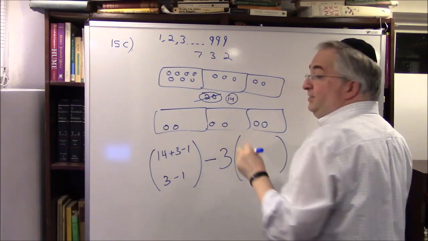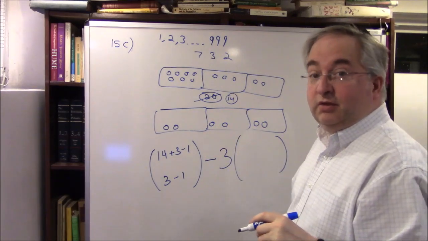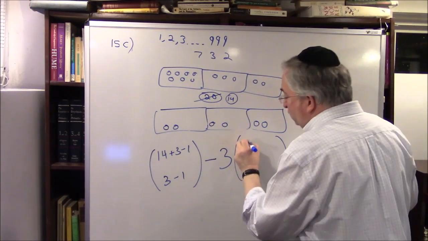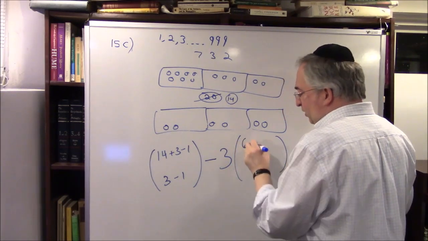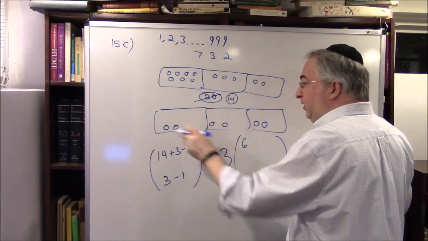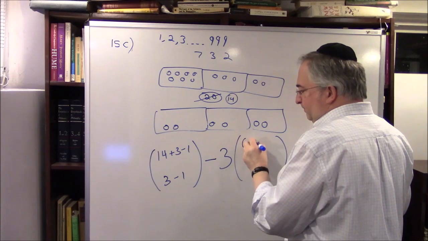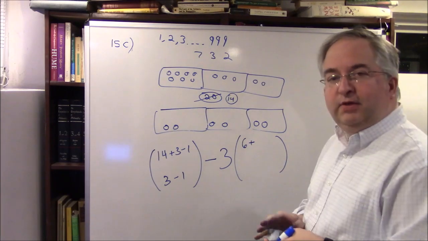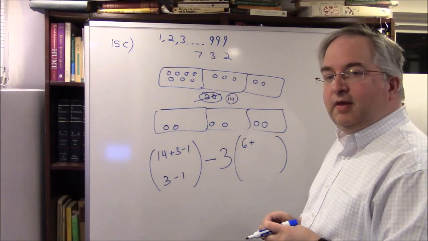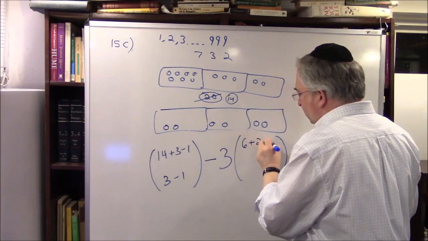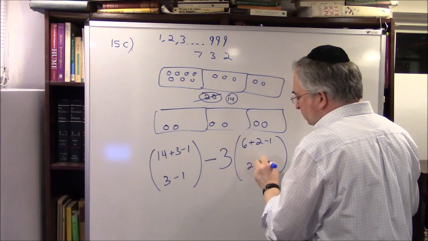That's going to be 10 plus 2 plus 2 is 14. And what I would have to do is distribute the last 6 over. How do I have to distribute them? How do I distribute the last 6? I guess I would do 6 plus 2 minus 1, 2 minus 1.